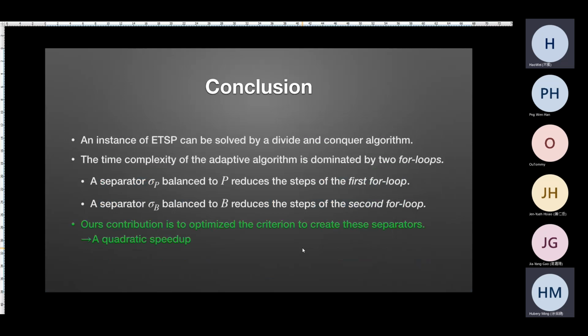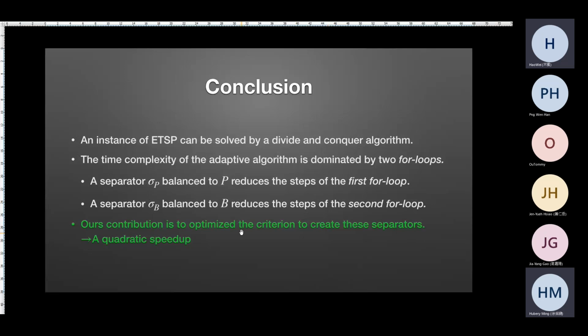Let's discuss the conclusion. First, we could solve an instance of ETSP by a divide and conquer algorithm, and the time complexity could be dominated by 2 for loops. And there are two separators to reduce the time steps of this for loop.